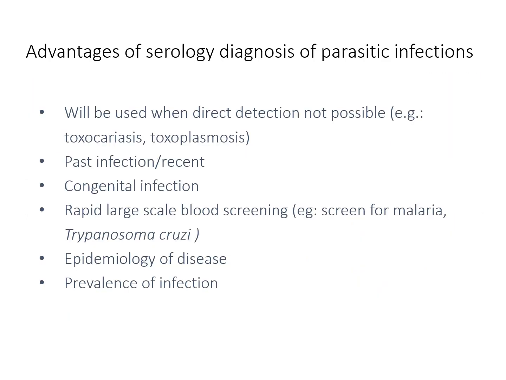There are many advantages of serological diagnosis tests. We usually use serological tests when we cannot detect the parasite directly under the microscope, which means the parasite is no longer in the blood, where we could use blood samples to observe under the microscope. For example, in toxocariasis or toxoplasmosis, the parasite would not be in the blood for long.